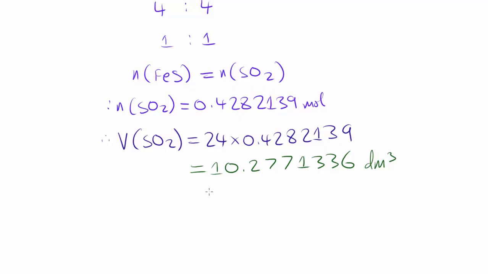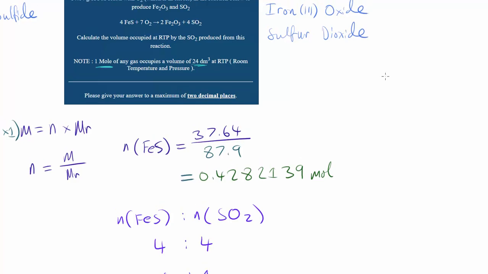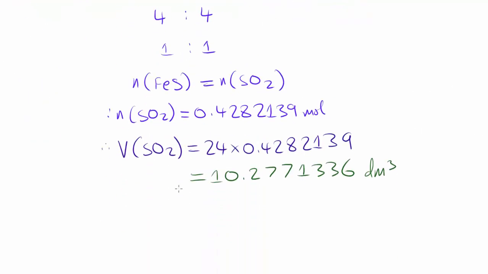Now, the other thing we need to pay attention to is that the question does specify to give your answer to a maximum of 2 decimal places. So we're going to round this to 2 decimal places, which is 10.2, and then we've got 7, so we're going to need to round the 7 up to 8. So it's going to be 10.28.